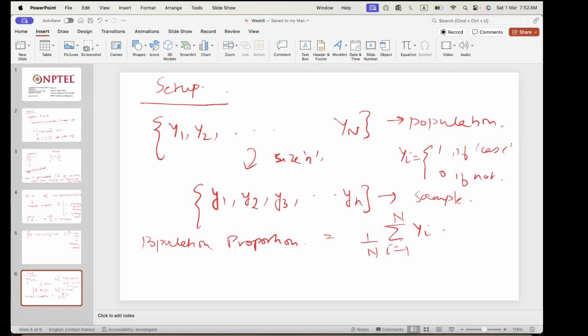This one we'll call capital P, actually the Y bar in our study. Now if I want to define sigma square, the population variance, I should write 1 by n summation i equal to 1 to n of yi minus capital Y bar, whole square.